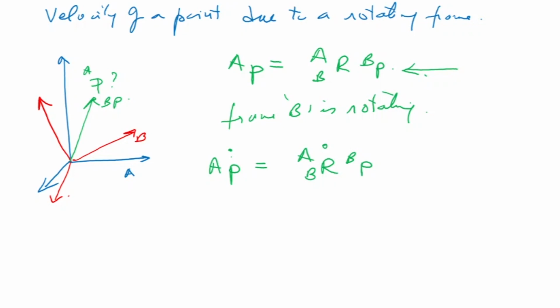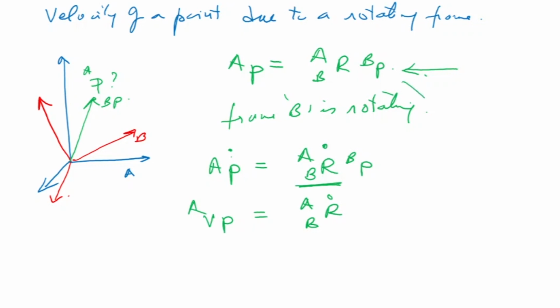On the left hand side you get the coordinate of the point P in frame A, which is changing, so you get the velocity there, equal to the derivative of the rotation matrix, R dot AB, into BP. So the velocity of the point can be written with this matrix, AB R dot.